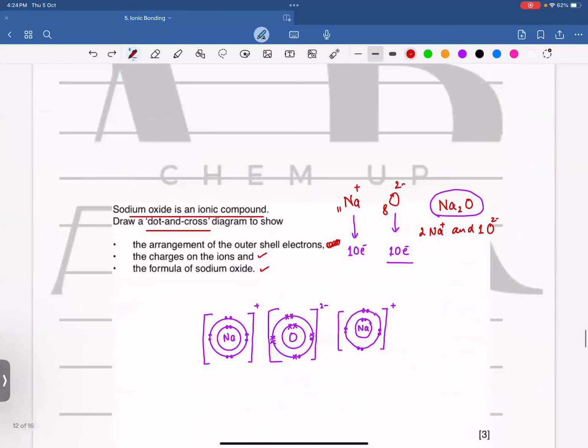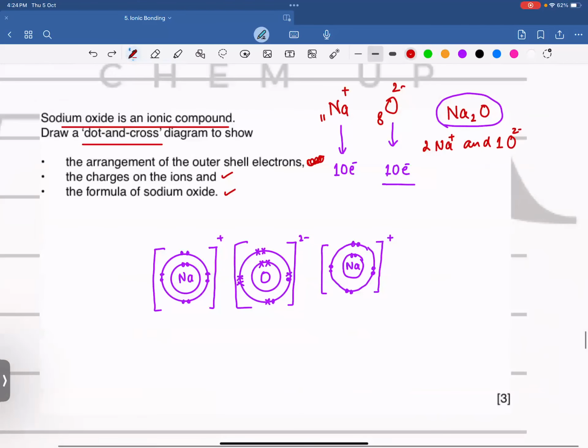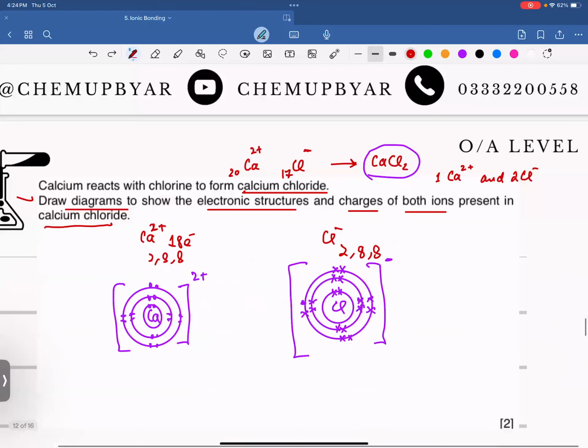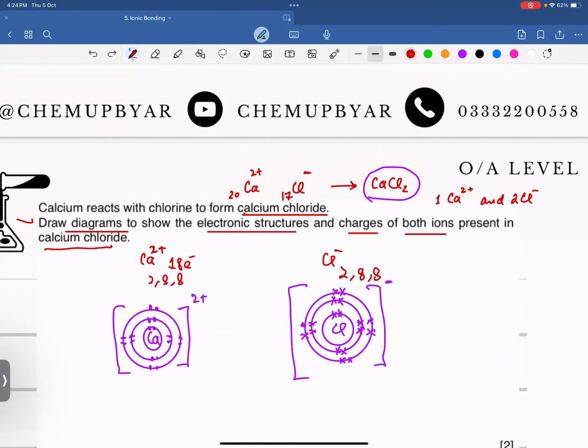Now, look at this case, the difference between the previous one and this one. For example, the formula of calcium chloride is CaCl2. We practiced formula making in our last class. Calcium has a +2 charge and chlorine has a -1 charge, right? So the formula becomes CaCl2.